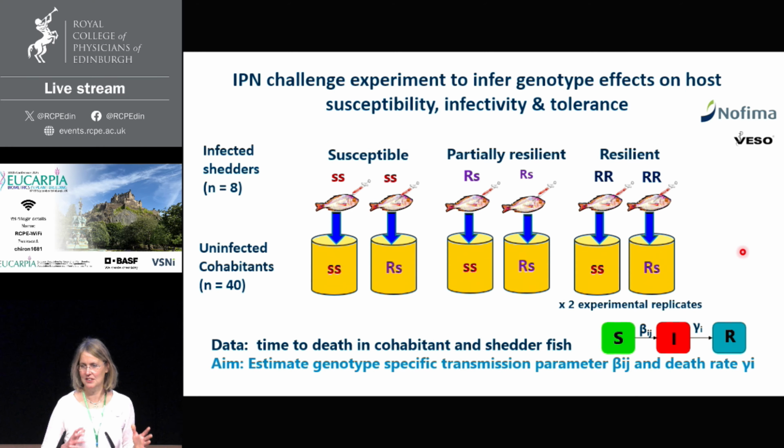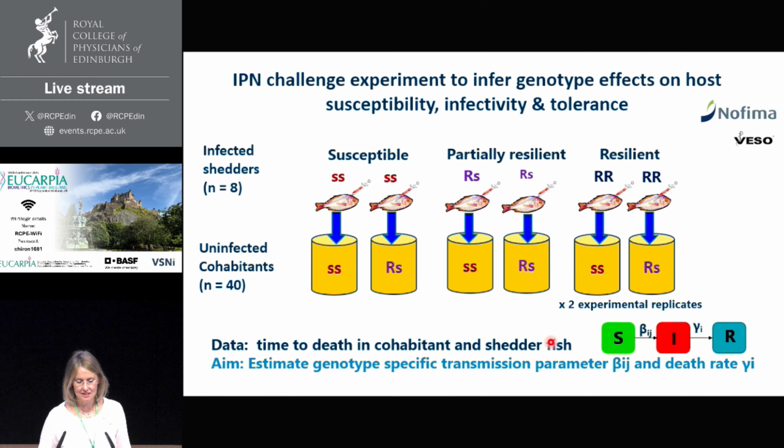These were infected with the virus, and then mixed in tanks with uninfected fish that either carried no resistance allele or just 1 copy. So it was a nice, easy factorial design, and all we had as measurements was when the fish died. We didn't have any pathogen burden or anything.